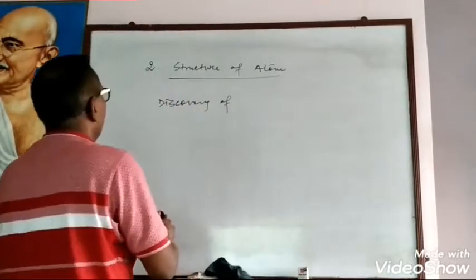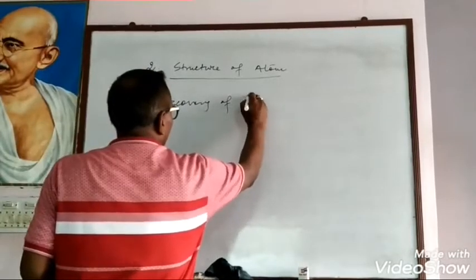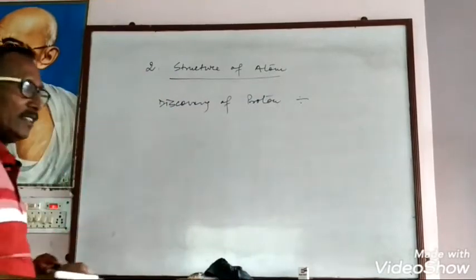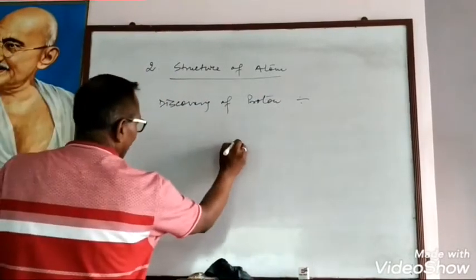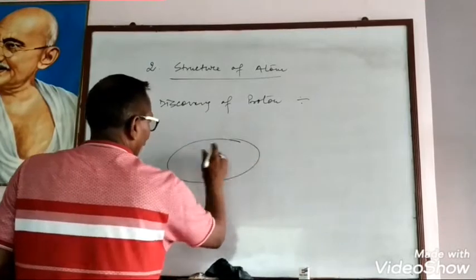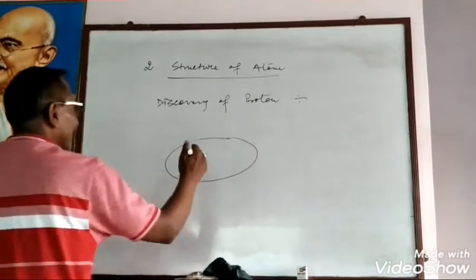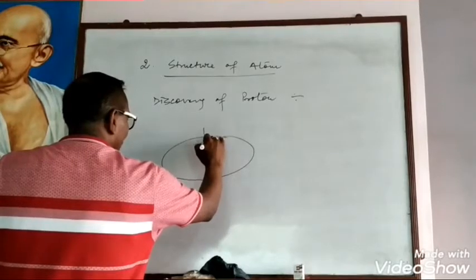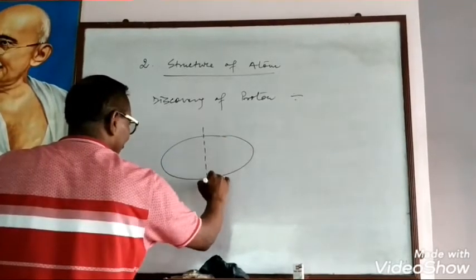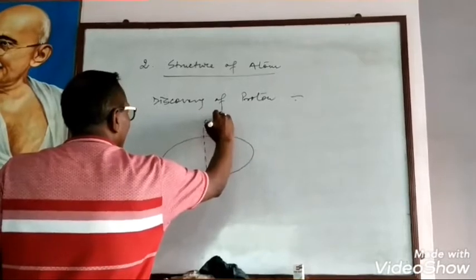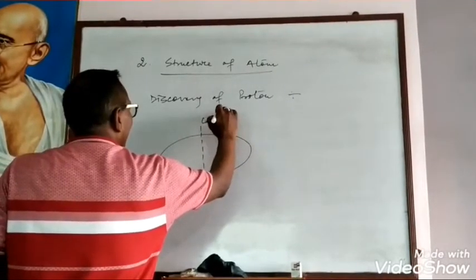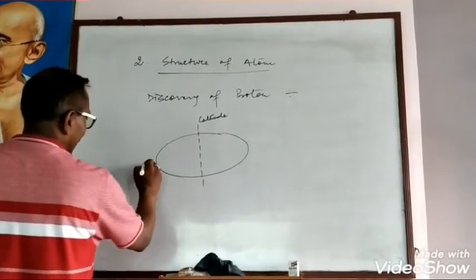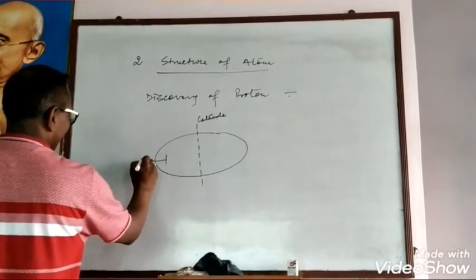Similarly, discovery of proton is done in the same discharge tube, but here the only difference is that we have to take the perforated cathode in the middle of the discharge tube, and here we have to take anode.